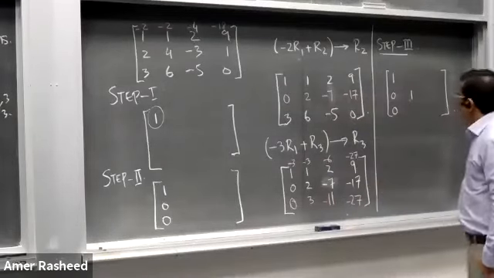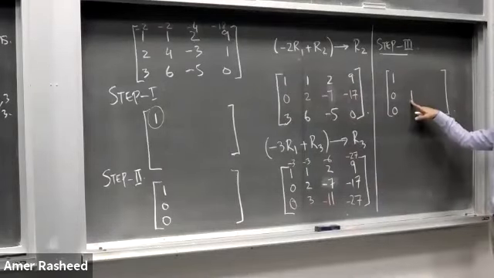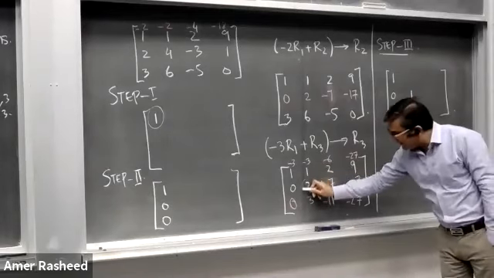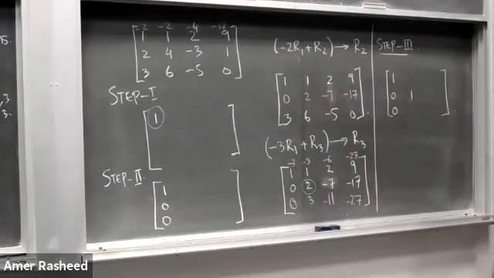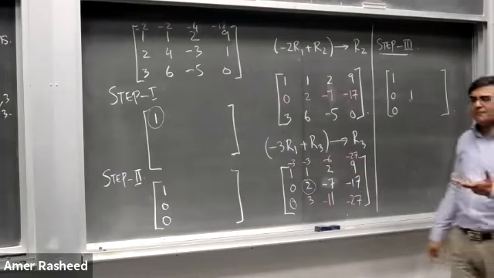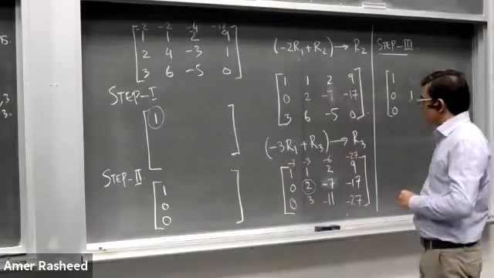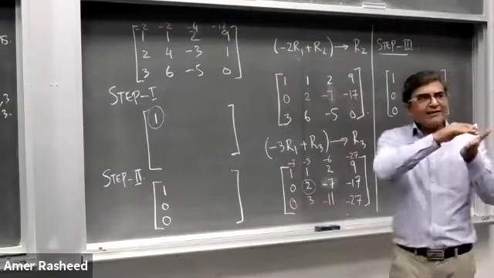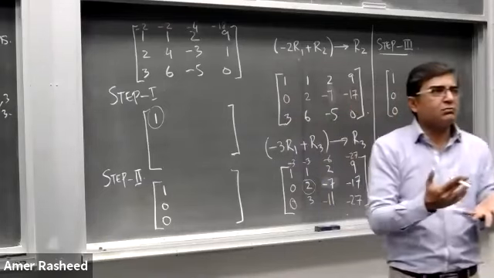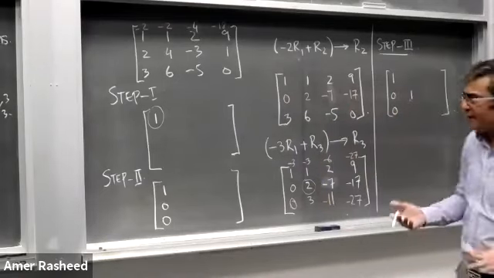Okay? Now you are going to make this thing 1. So this entry should be equal to 1. You have to make it 1. How can you do that? Either you can divide this row 2 by 1/2, and you'll have 1 there.